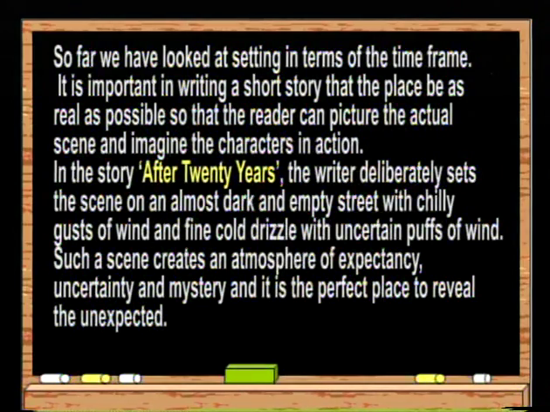In the story After 20 Years, the writer deliberately sets the scene on an almost dark and empty street with chilly gusts of wind and fine cold drizzle with uncertain puffs of wind. Such a scene creates an atmosphere of expectancy, uncertainty, and mystery, and it is the perfect place to reveal the unexpected.